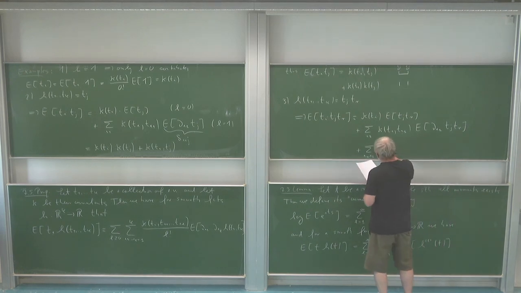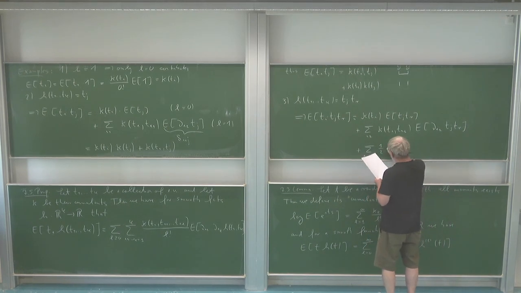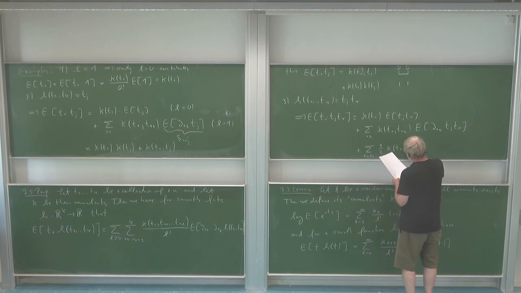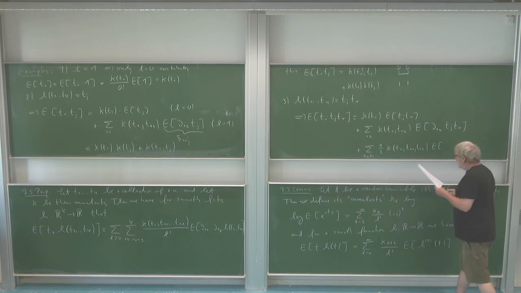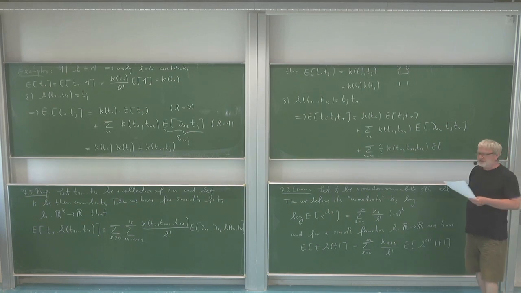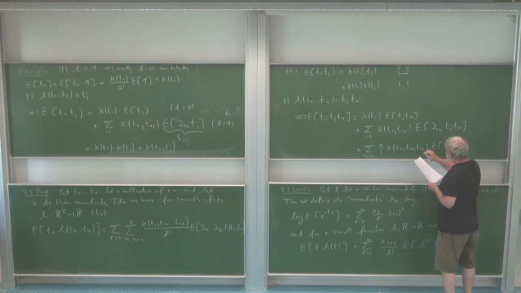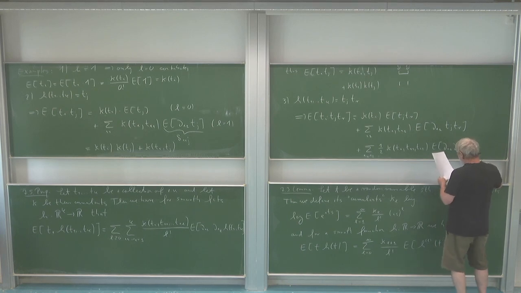So in this case I get a 1 over 2 of kappa, and I have here ti, and then I have ti1 and ti2, and I take the expectation of the two partial derivatives, the partial derivative with respect to I1 and the partial derivative with respect to I2 of tj tr.